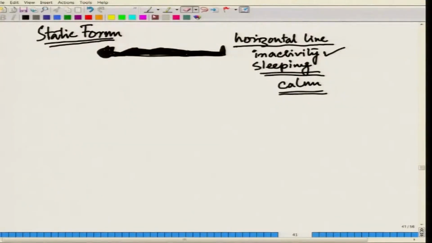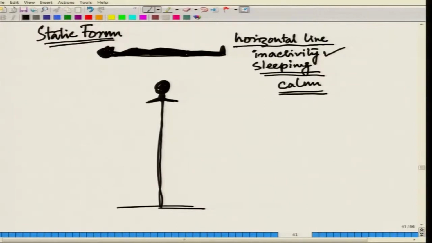So, if we want the horizontal formation to look more active, we may readily shift to a vertical formation. So, the vertical formation will be based on a vertical line. Let us draw a human figure in the vertical location. So, it has a head, the body, so he has actually got up from his sleep.